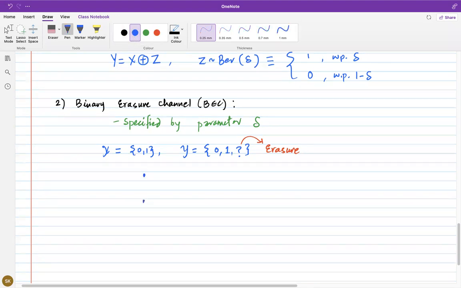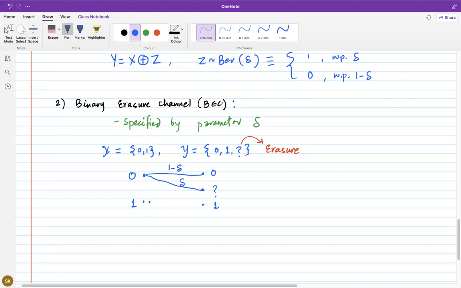So this is the model. You try to send 0, you also try to send 1, and correspondingly you get 3 outputs: 0, 1, and a question mark. Now I'll assign probabilities to each of these. With probability 1 minus delta, your 0 stays 0 at the output. With probability delta, you get a question mark.